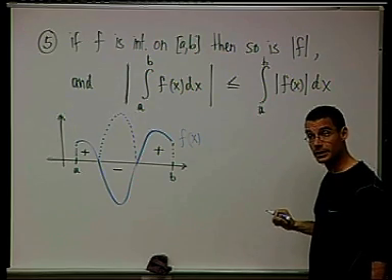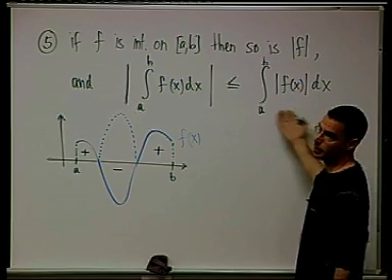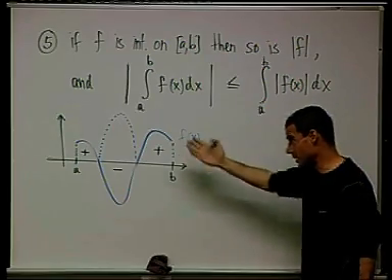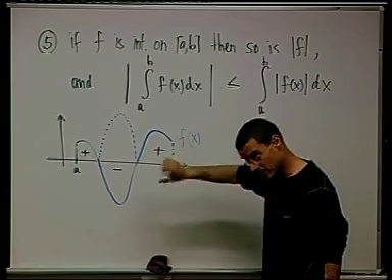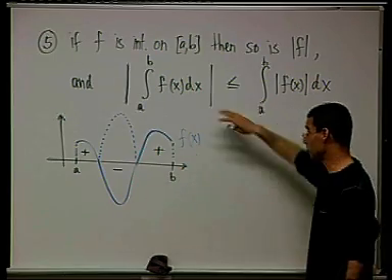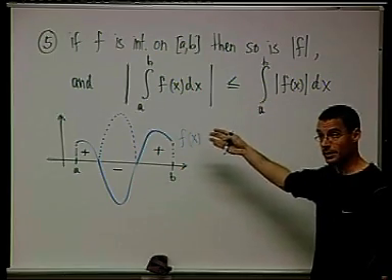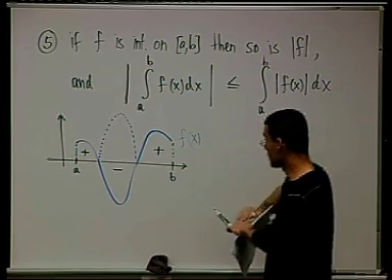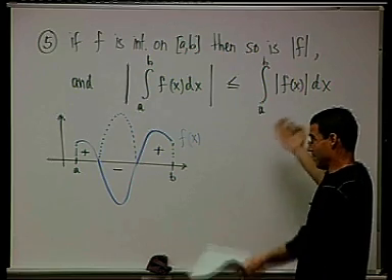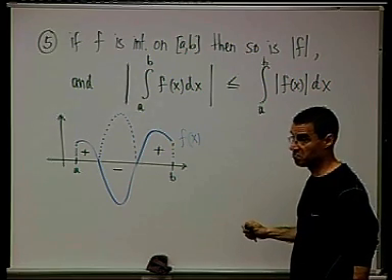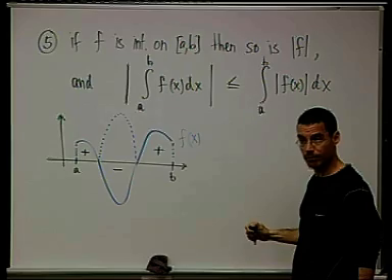Do you agree that this is going to be bigger? Here you're just summing up all the areas in plus. Here you're first canceling them out and then taking the absolute value. So do you intuitively agree to this statement? Okay, good. Is there a way of calculating that somehow you can see? Not really, not yet, right?